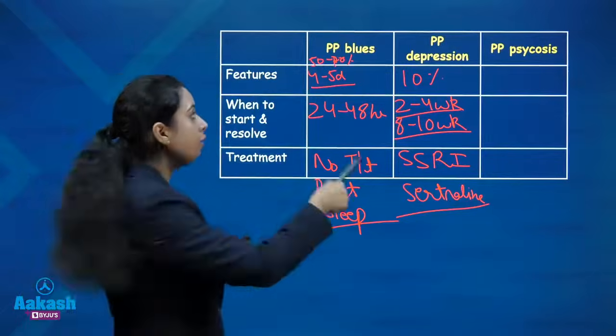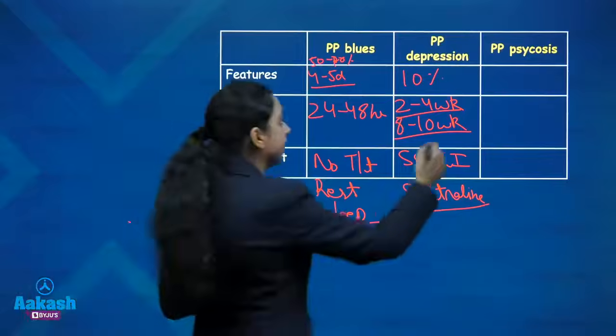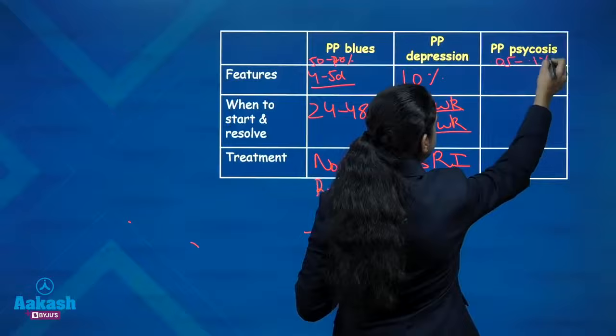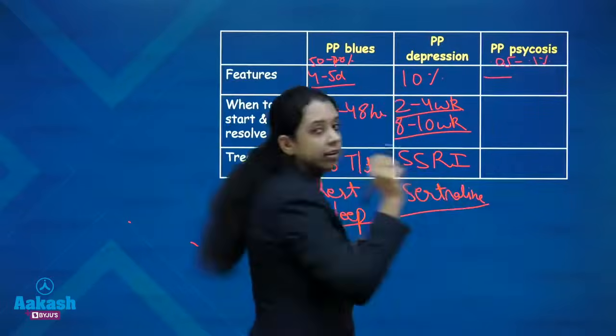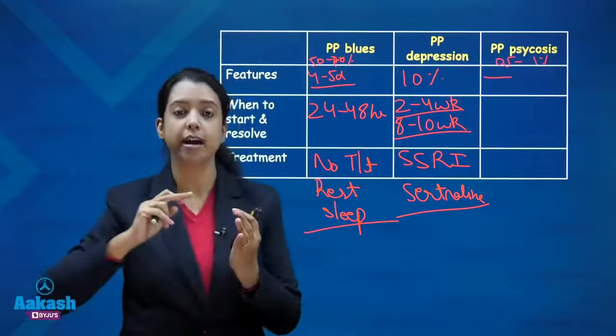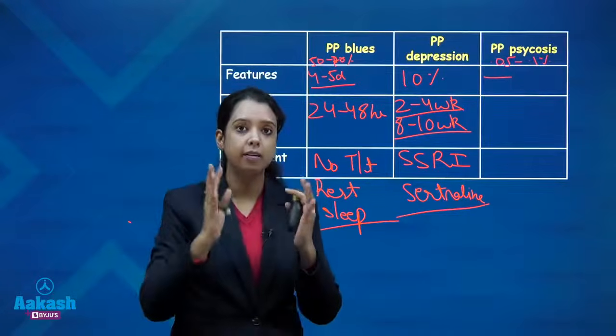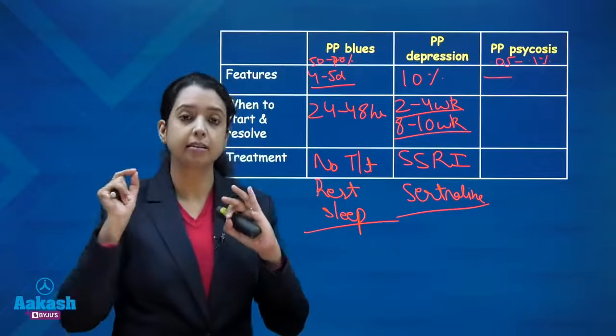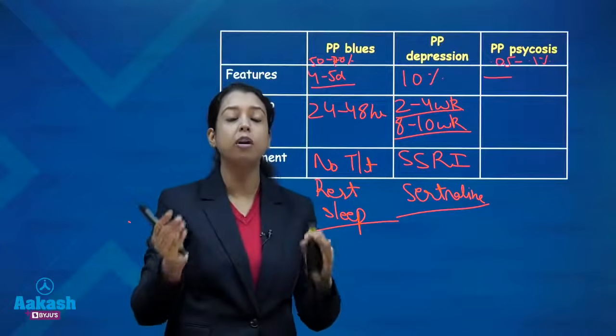Okay. Postpartum psychosis is rare, only 0.05 to 0.1%. It is so rare. It has psychotic symptoms. The question will typically give you that the patient has hallucinations, she has mania. It is an emergency. The patient is dangerous for the baby and for her own life.